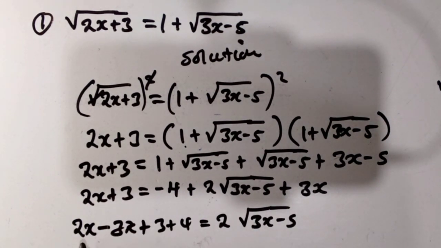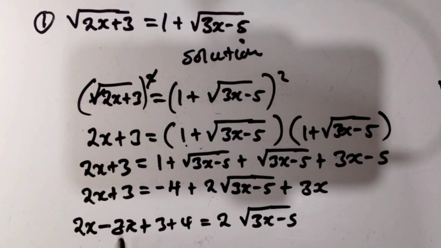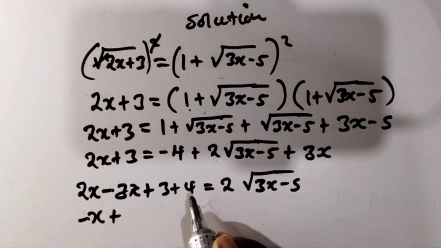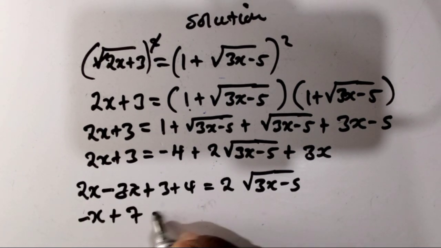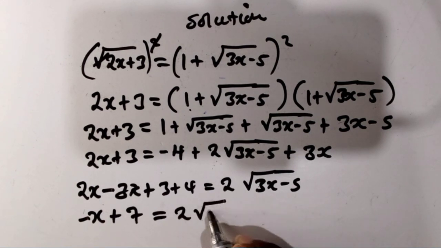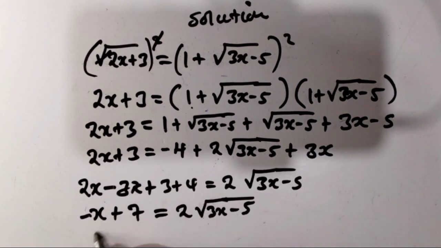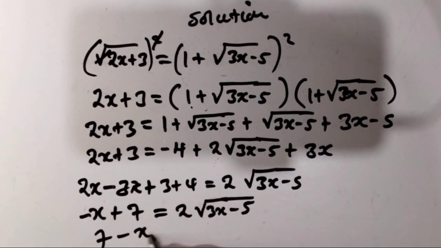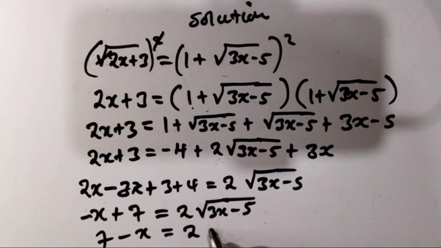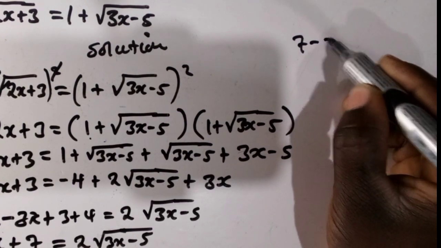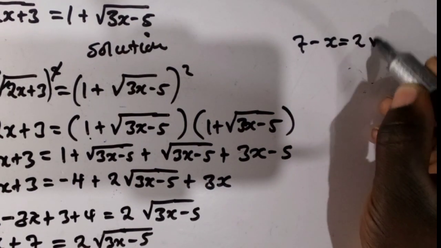Here 2x minus 3x gives minus x, then plus 3 plus 4, which is 7, equals 2 root 3x minus 5. Then we start with the positive: 7 minus x equals 2 square root of 3x minus 5.